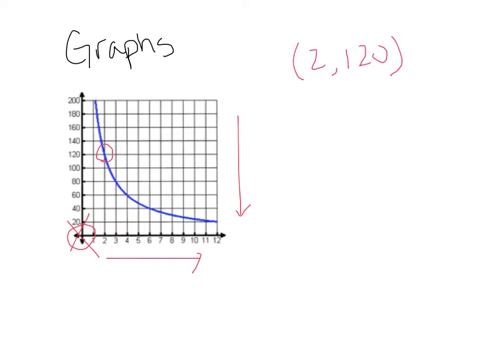So we know that y varies inversely as x. We have y equals k over x. And if we plug in our two values, we can see that 120 equals k divided by 2. We multiply these, and we can get the constant of variation for this problem. 2 times 120 is 240.